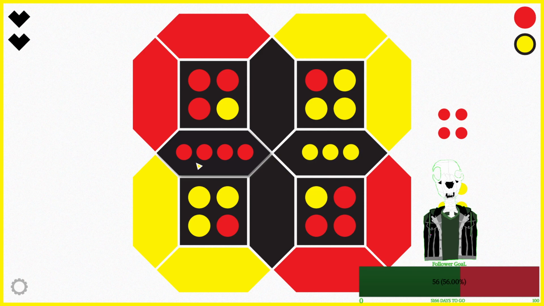Red, red, yellow, yellow. This would be touching 3 reds. This would be touching 3 yellow. Means this couldn't be anything. Right? No. This would already be a yellow.